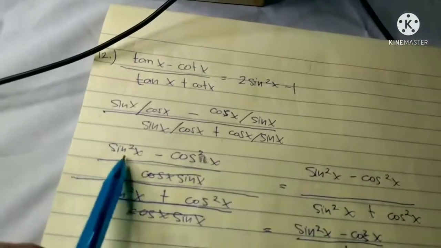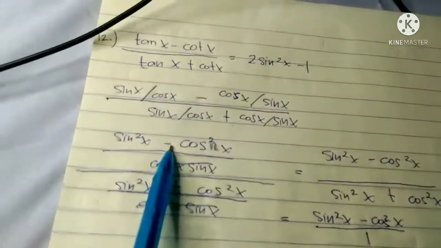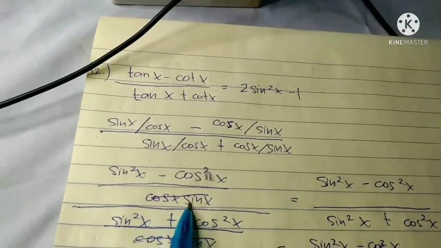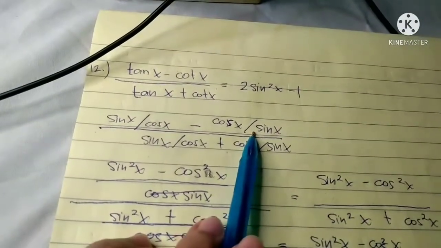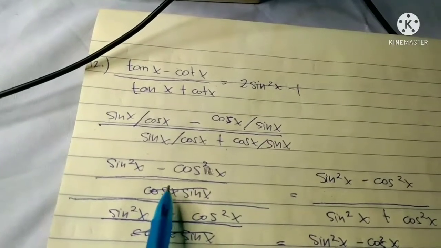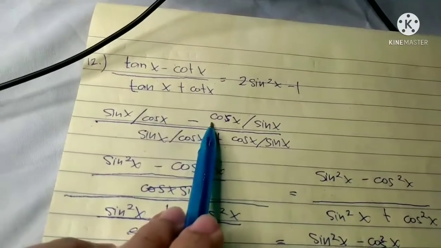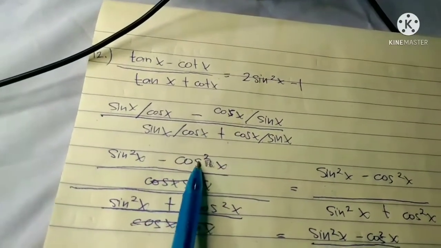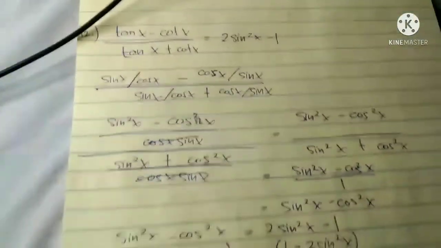We will get sine squared x minus cosine x sine x divided by sine x. We can cancel out sine x, and we can multiply cosine x to cosine x, so we will get cosine squared x.